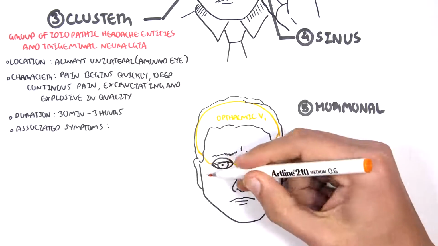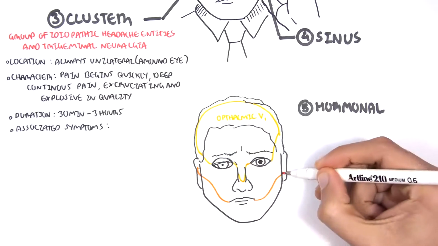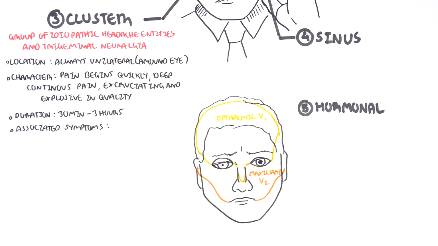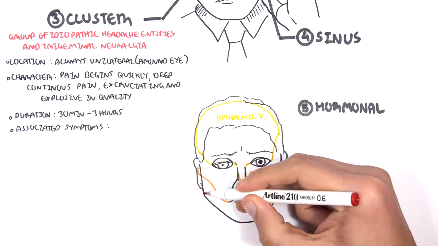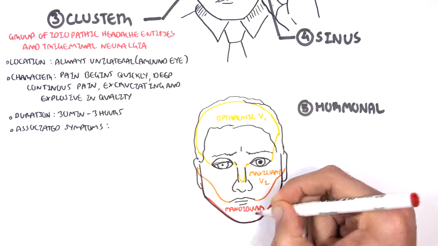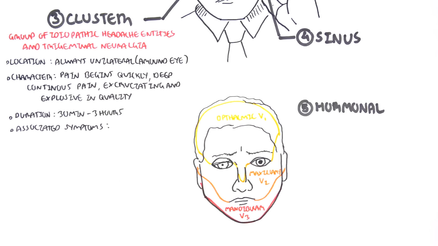Then you have the maxillary branch of the trigeminal, V2, which supplies the nose area. And then you have the mandibular branch, which is V3, which supplies the bottom area of your face. So that's the sensation. The trigeminal nerve is responsible for sensation around your face, and these are its three branches.